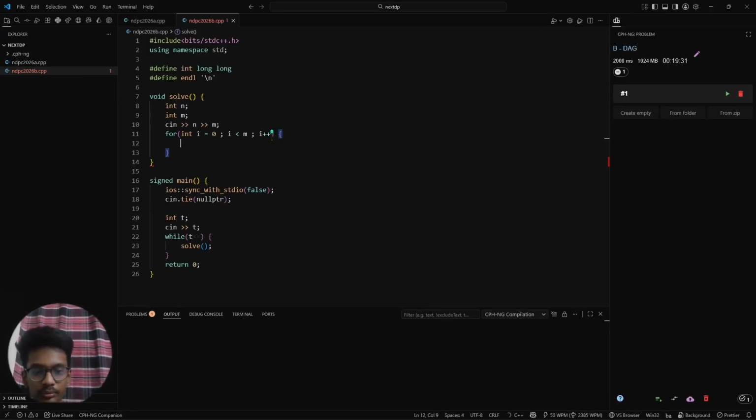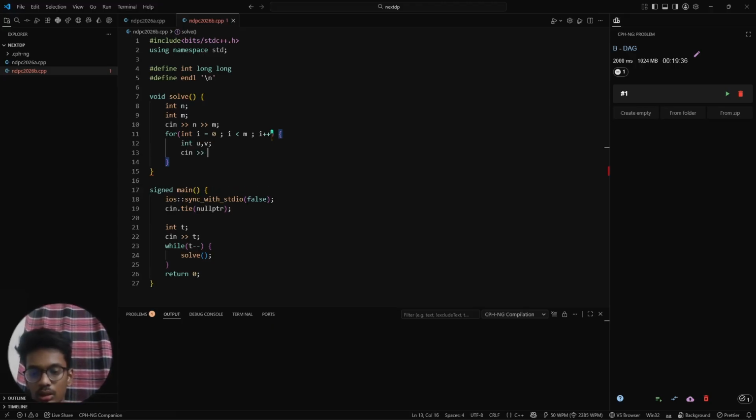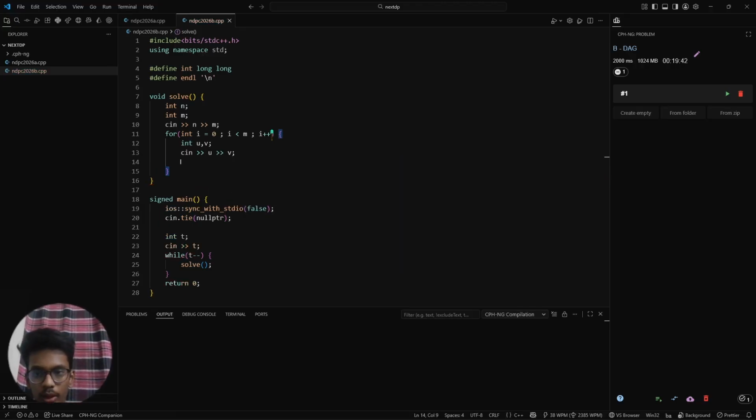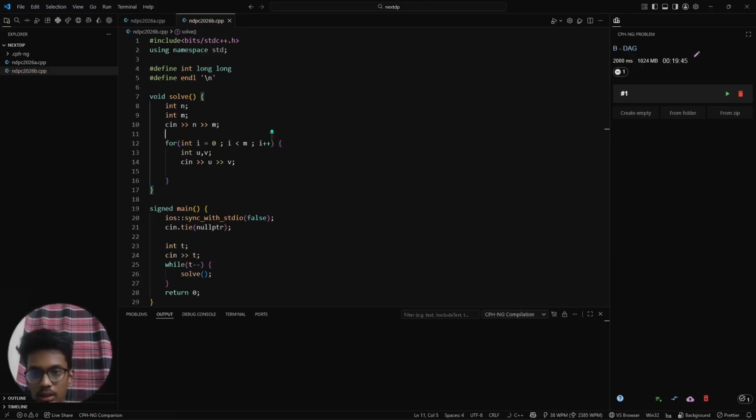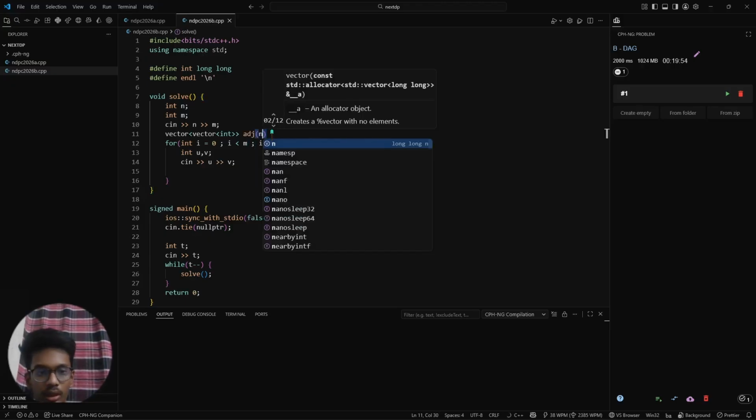edges. So int u, v, in u and v. Now we need to make a vector of int, adj, the adjacency list, for n+1 nodes.